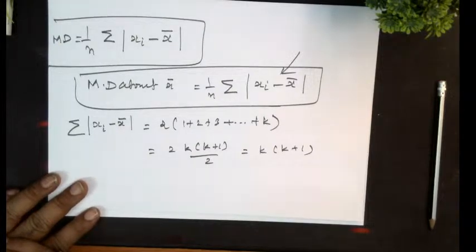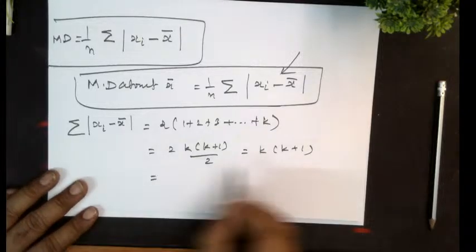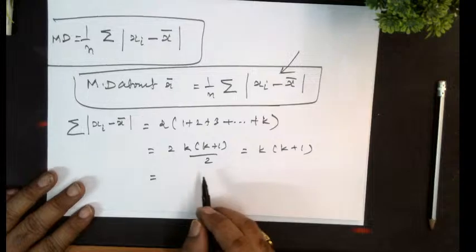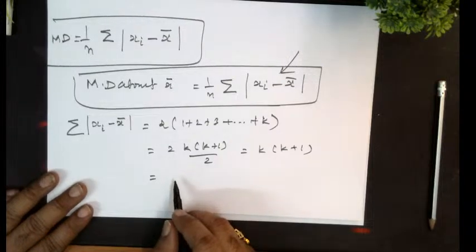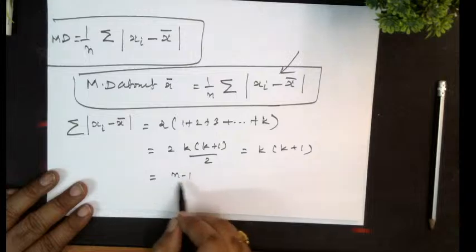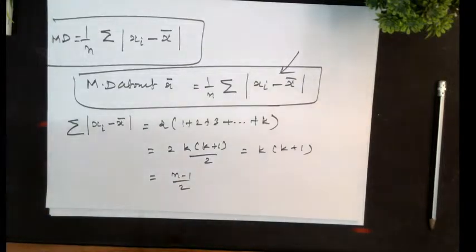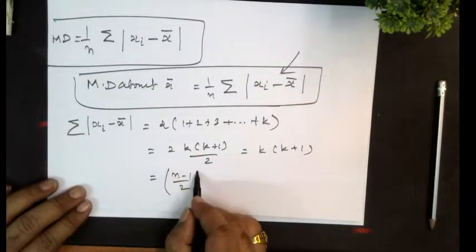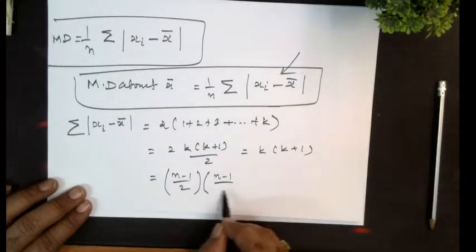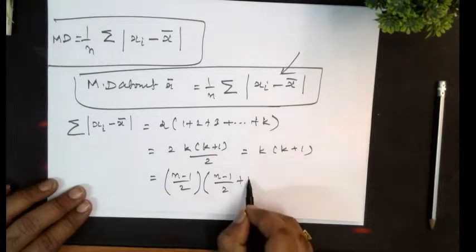ரைட். இப்போ k-யை சப்ஸ்டியூட் பண்ணிக்கிறோம் இந்த இடத்துல. k அப்படிங்கிறது n minus 1 divided by 2. அப்போ k plus 1ன்றது n minus 1 divided by 2 plus 1.